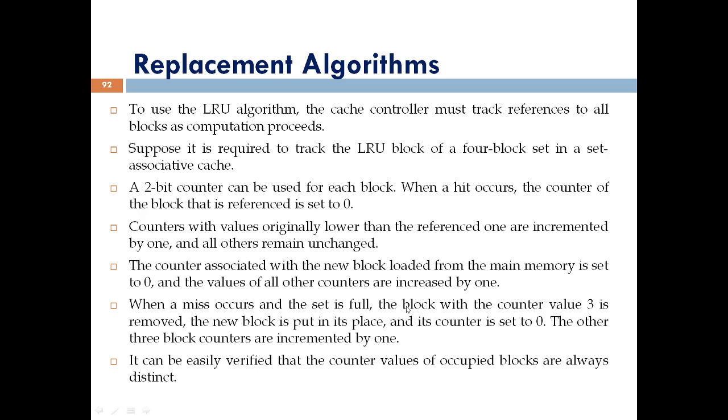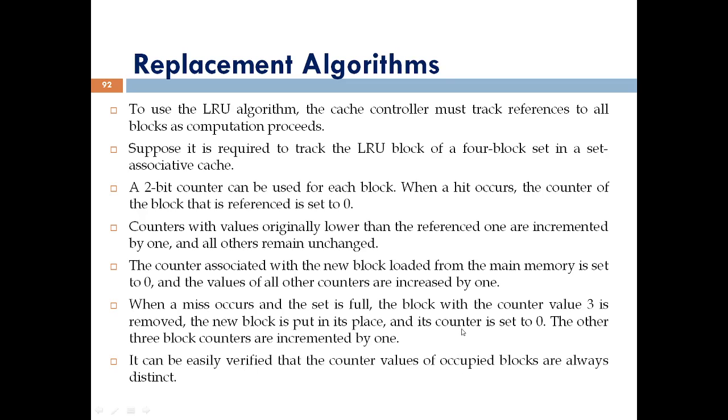So when a memory block wants to place a new value into the cache memory, it will check which block has the maximum value 3. That value means the block has not been referenced for a long period of time, that is, it is the least recently used.